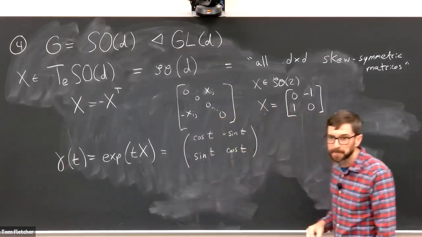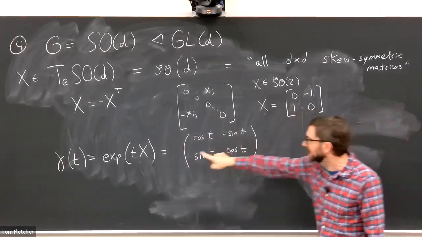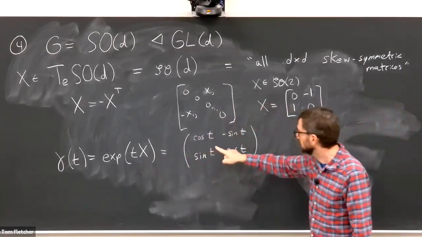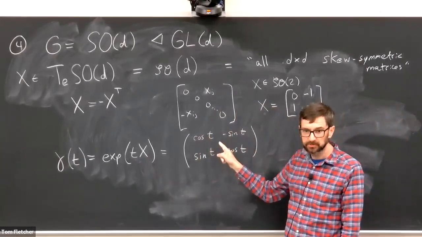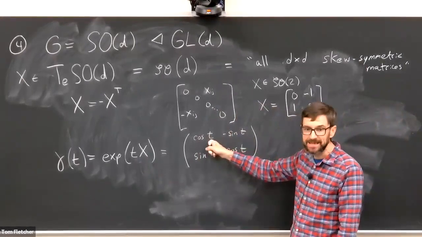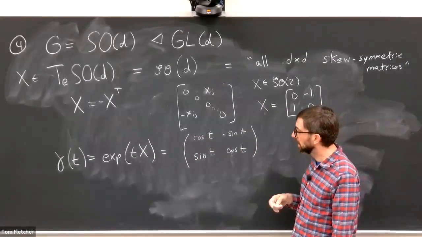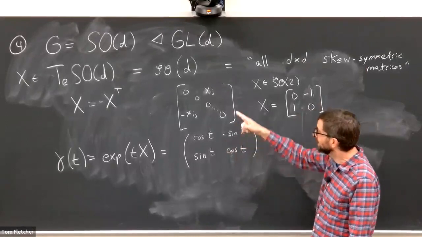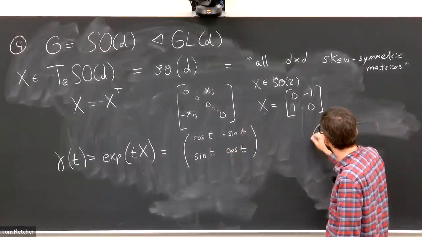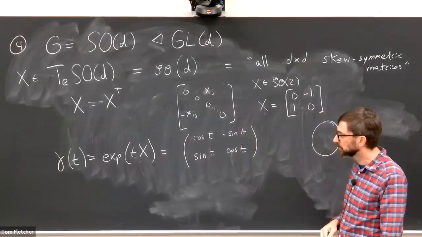the following. So you exponentiate this matrix scaled by t, and you get the usual form of a rotation matrix, a 2 by 2 rotation by t. So you see I can think of SO2 as being a circle. That's all SO2 is, just a circle.